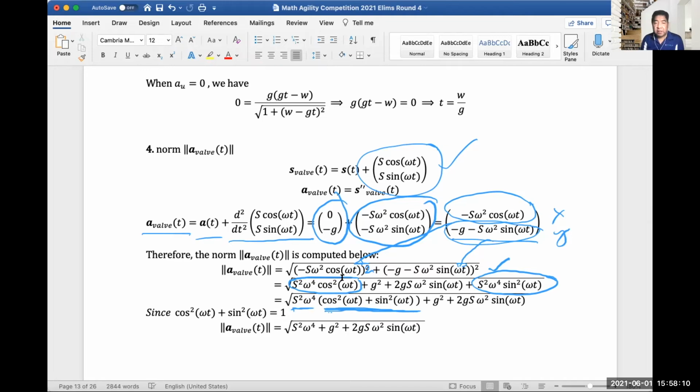In trigonometry, cosine squared omega t plus sine squared omega t is equal to 1. So we eliminate that, and what is left is the square root of S squared omega to the fourth, g squared plus 2g S omega squared sine omega t. So this would be the norm or the magnitude of a bulb of t.